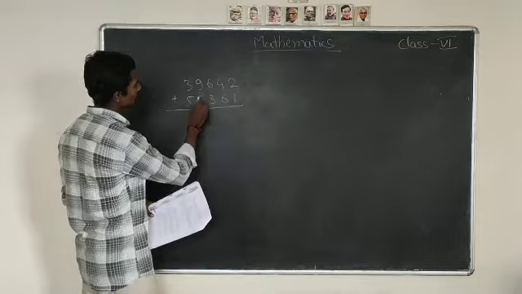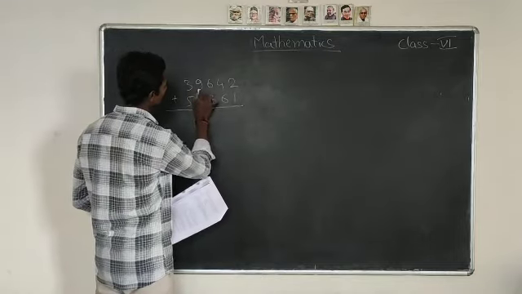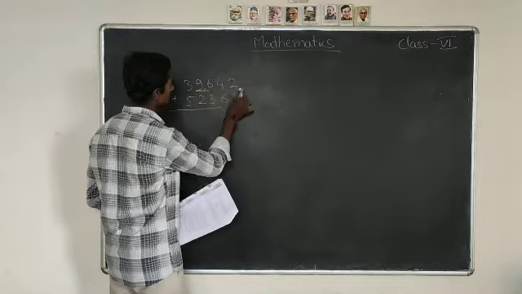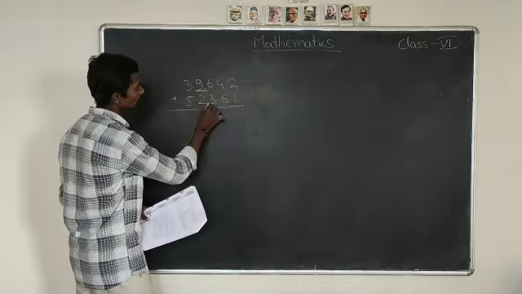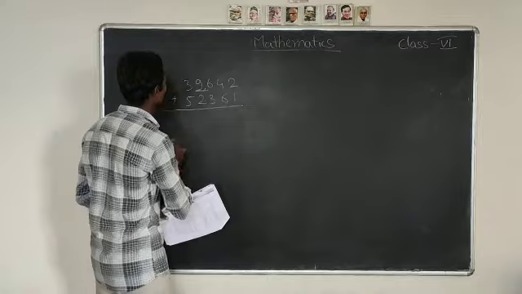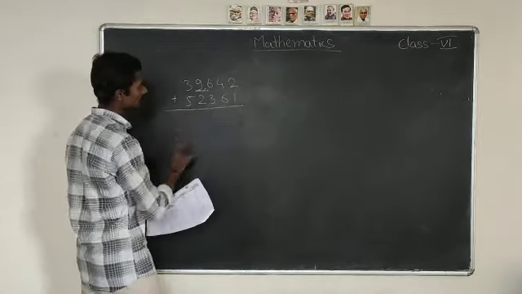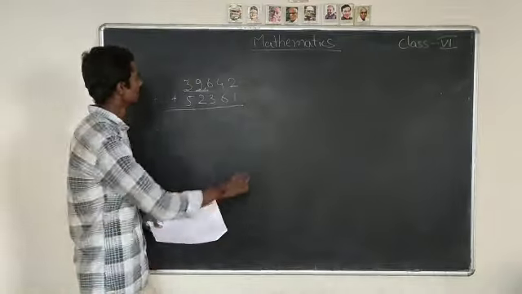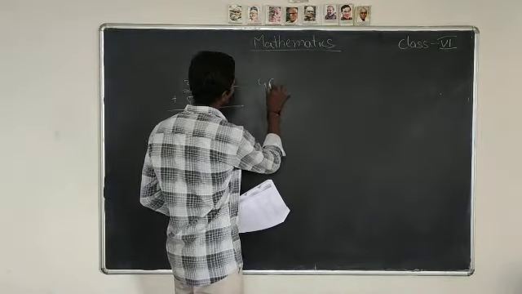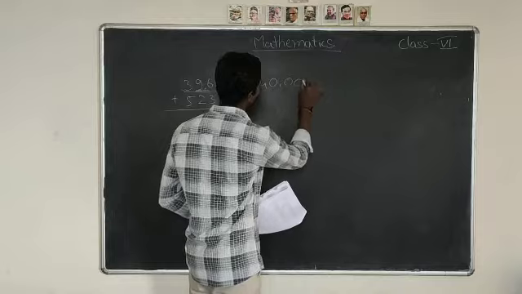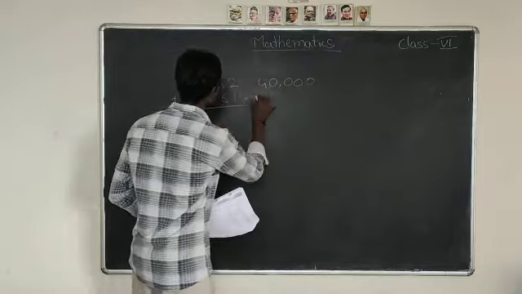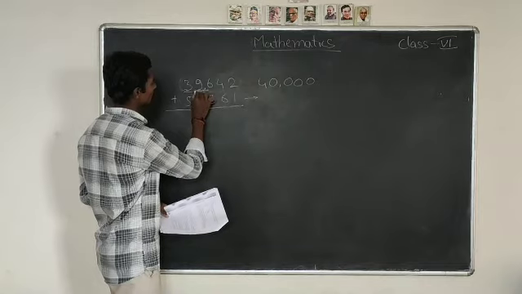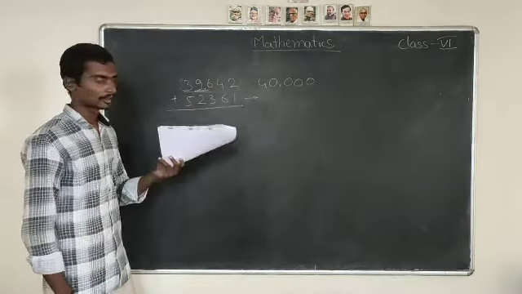See, this number is 39,642. This number is 52,361. So in this case, I can approximate this number to 40,000. Why? See, this number is above 5, more than 5.